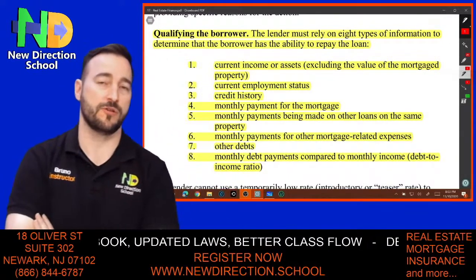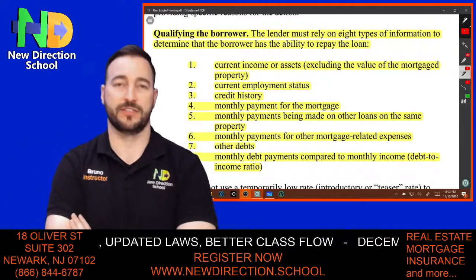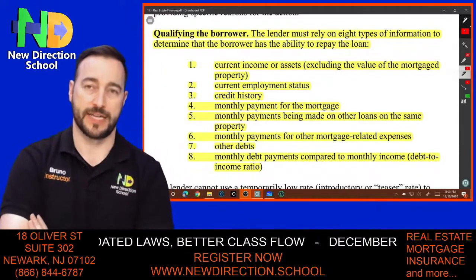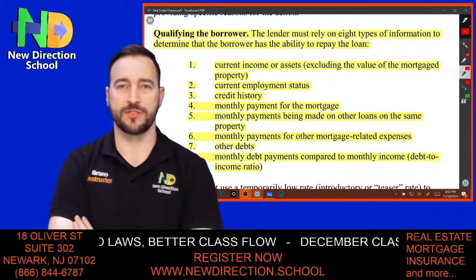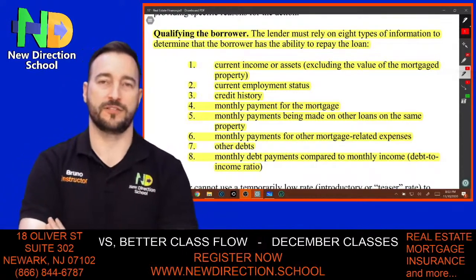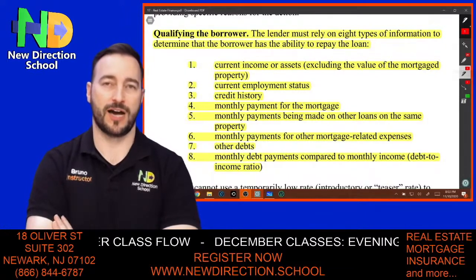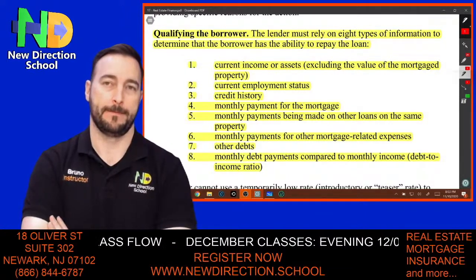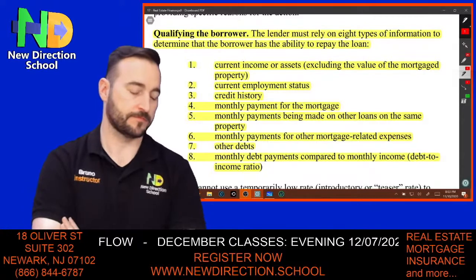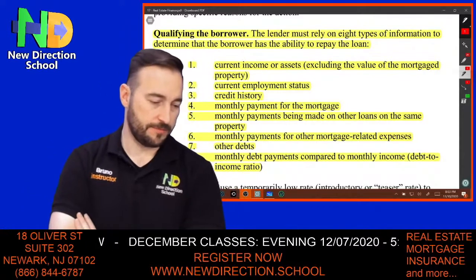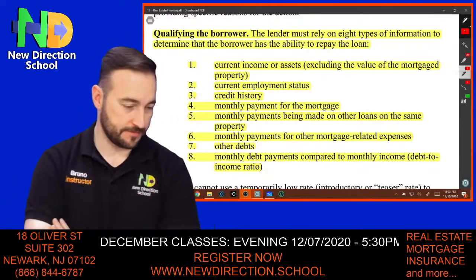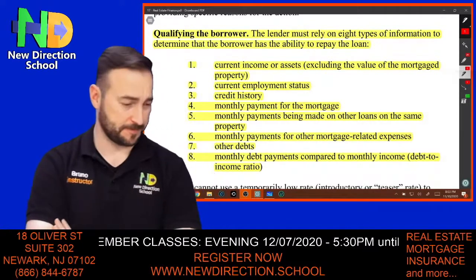Instead of 3%, they could be at 5, 6, 7%. But can you get it? Yeah, there's always a program for whoever wants to buy. You're just subject to higher penalties. But can you? Yes. Ultimately, the answer is yes to anything. It just depends on how much risk you want to take.